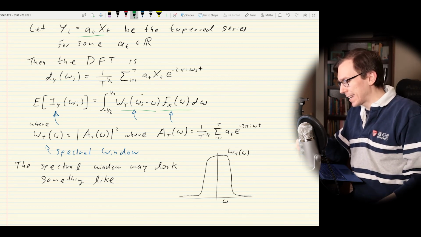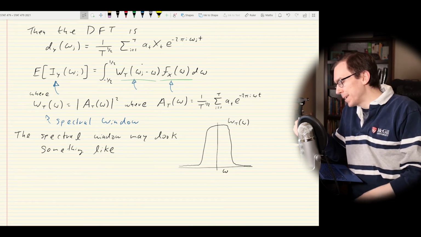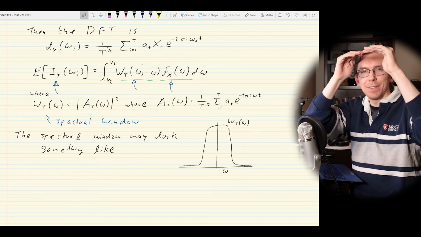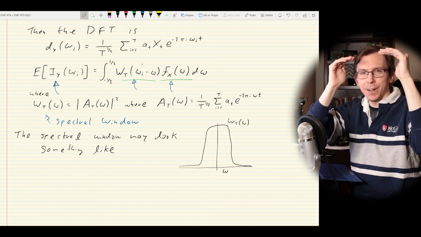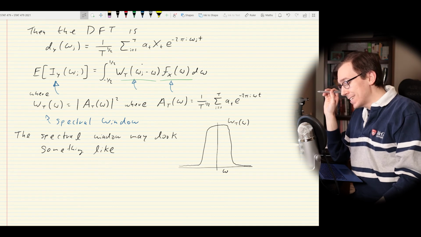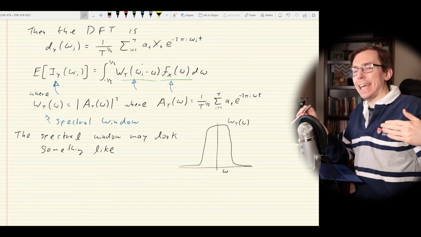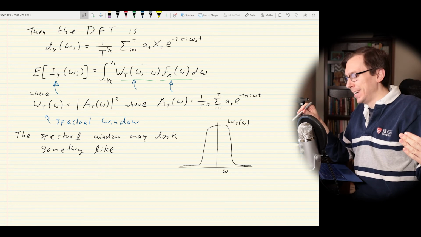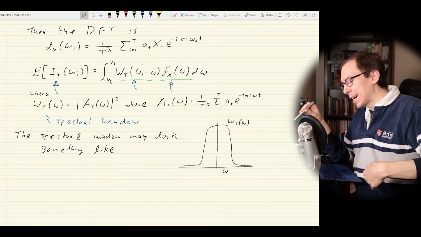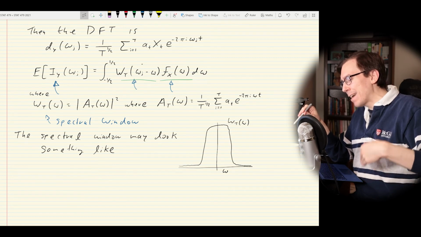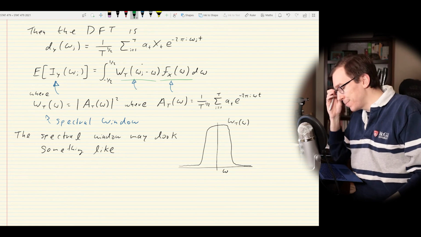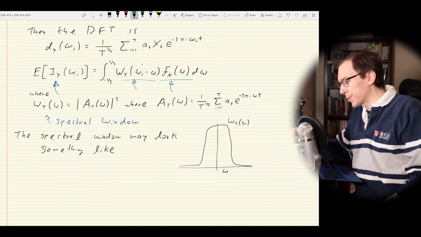They have some pictures, and I'll get some in R next time when I can actually plot them all. But the pictures of these windows often look like that, where you have a peak part, and then it tapers off pretty fast. So this is kind of neat. It means that if we apply a tapering to the time series itself, X, the effect is an averaging, a window being integrated with respect to, it's actually a convolution, but with respect to our spectral density f.